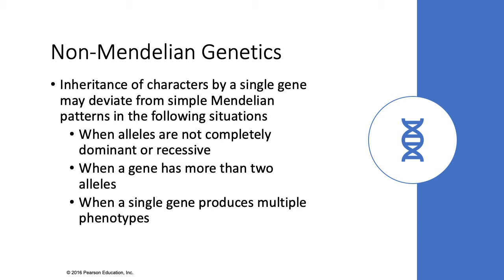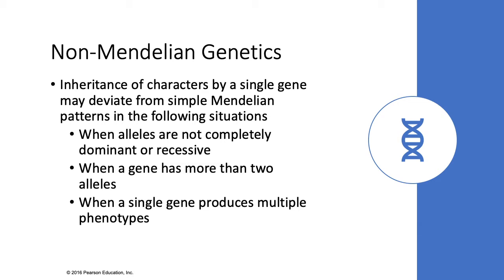Some non-Mendelian traits don't show that relationship of a dominant allele versus a recessive allele. In many cases, perhaps the majority of cases, a gene has more than just two alleles out there. It is also possible and very common for a mutation in a single gene to change the phenotype in multiple different ways.